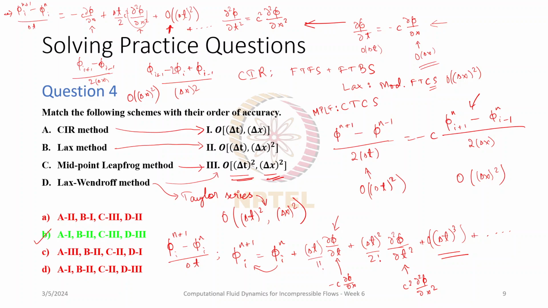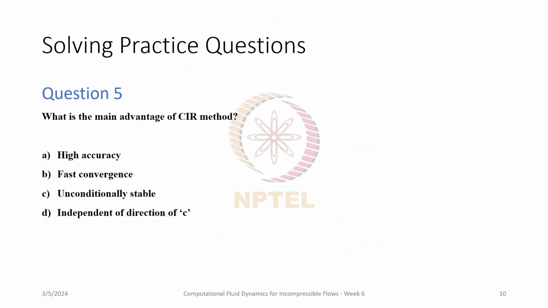All right, so hoping things are clear, we will move on to question number 5 now, which is asking us what is the main advantage of the CIR method, which is the Courant-Isaacson-Rees method. Is it option A, high accuracy, option B, fast convergence, option C, unconditionally stable, or option D, independent of the direction of C?